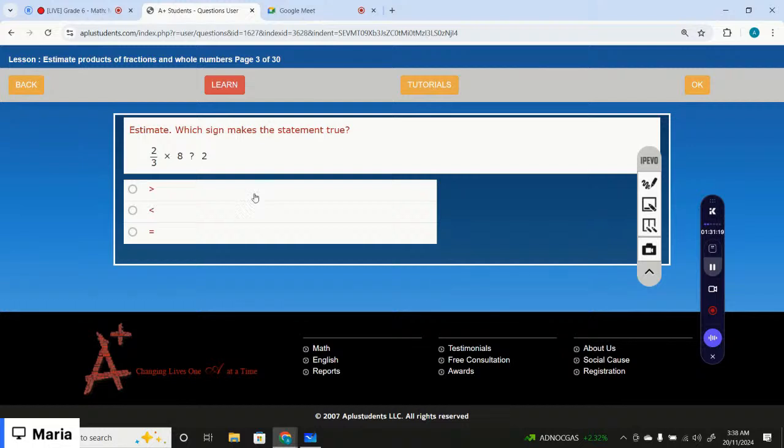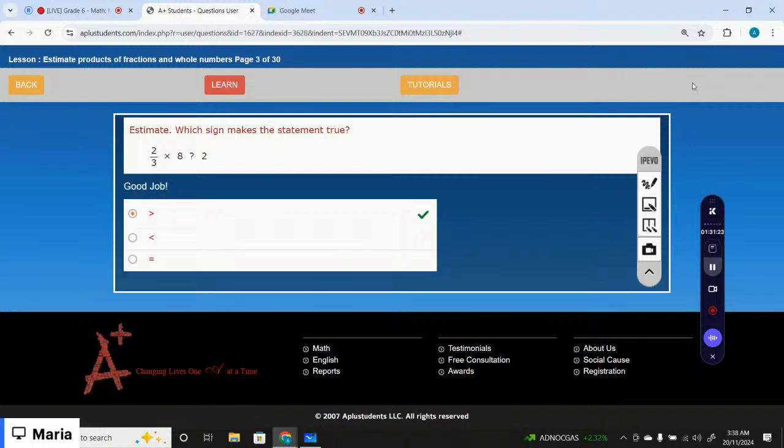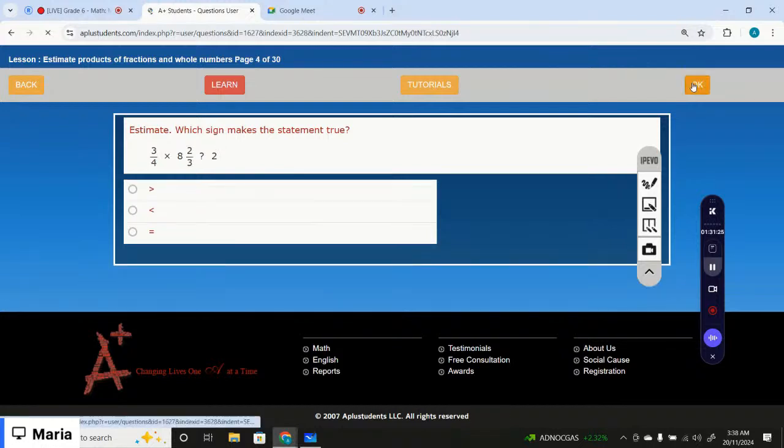The correct option is greater. Option number 1 is the correct option. Very good. The next one is 3/4 times 8 whole 2 by 3. You have to compare it to 2.